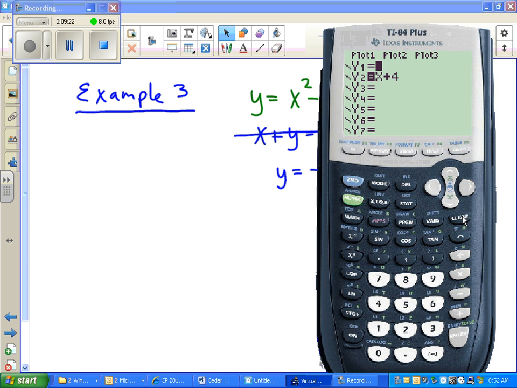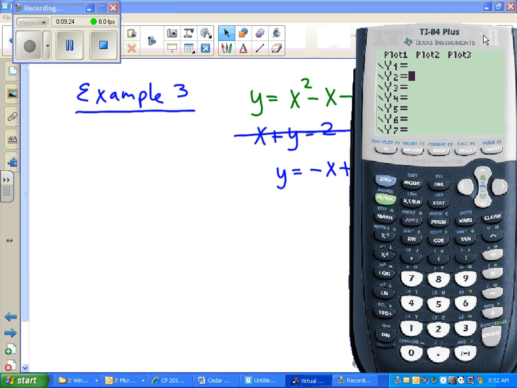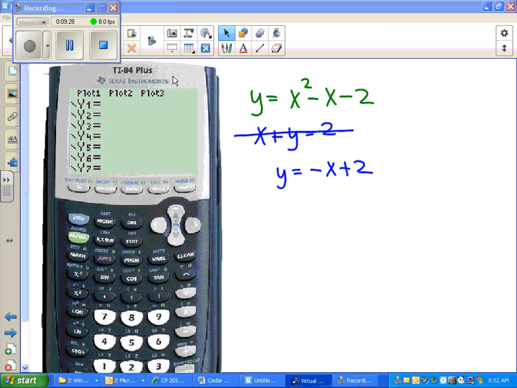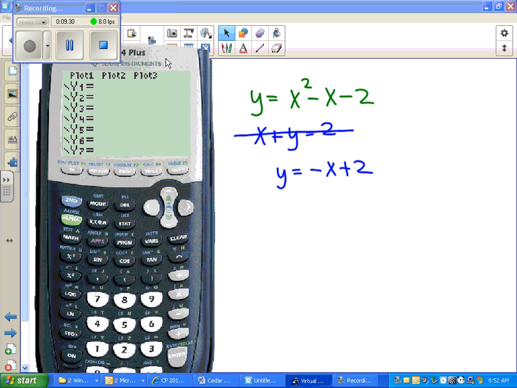I'm just going to clear out my other two graphs and type in x squared minus x minus 2. That's one of them. The other one is negative x plus 2.